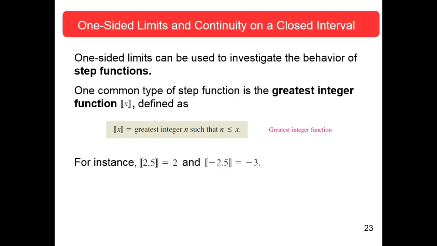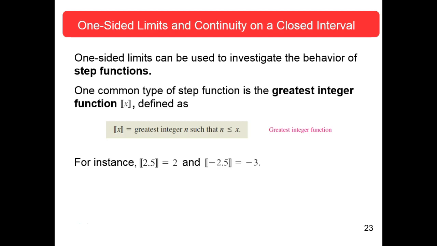A common type of step function is called the greatest integer function. Math books just absolutely love this function, though in my mind it doesn't really have that many practical applications. There probably are some, but not many. Now, this looks like a bracket with an absolute value in between.